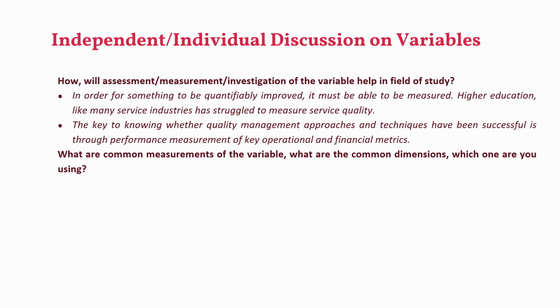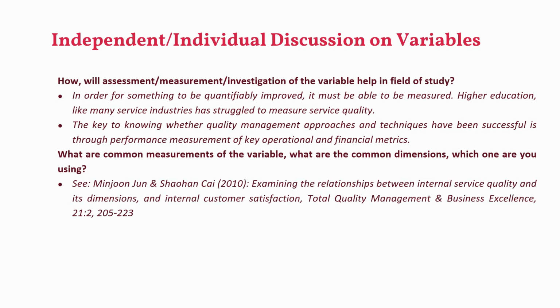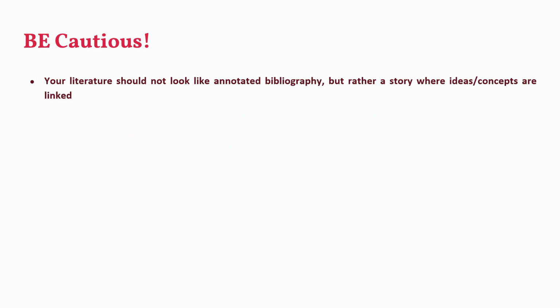Again, another example. So common measurement or what common dimensions have been used. For this, you can look into this paper, download this paper and have a look. Now you have to be very cautious. Your literature review should not look like annotated bibliography, but rather a story where ideas and concepts are linked. You cannot just write, okay, A said this, B said this, C said this, and that's it.